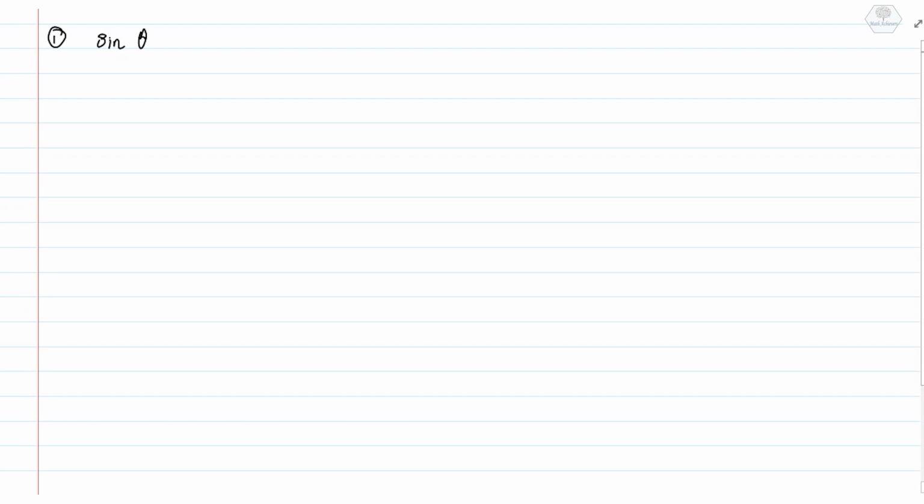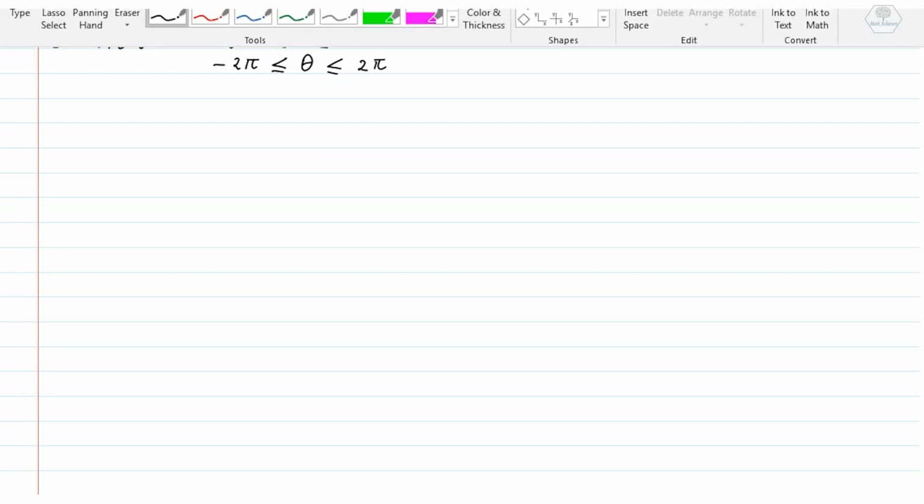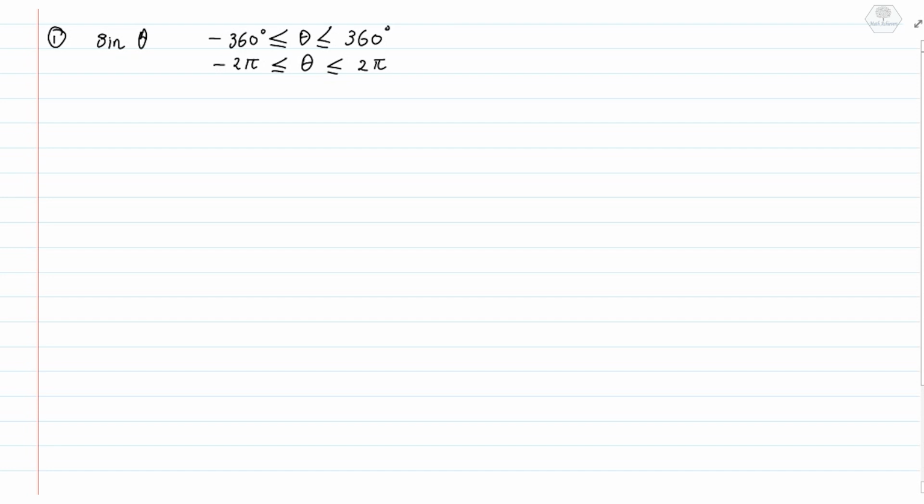We want to sketch it from minus 360 degrees to 360 degrees, which is the same as from minus 2 pi to 2 pi. Let's draw our axis first.